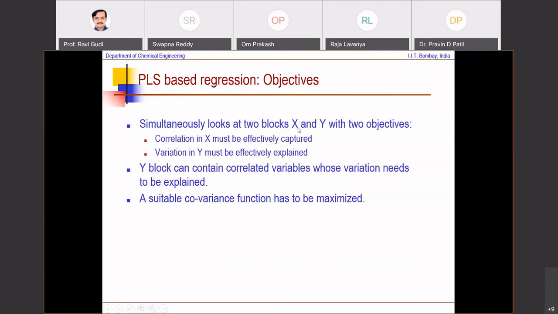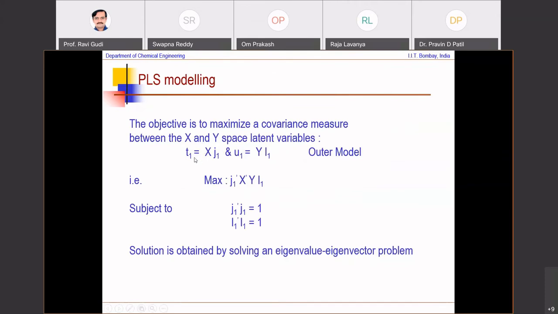PCA constructs the first principal component as a linear combination of the columns of X. For example, if I take T1 as X times P1, assuming I'm doing principal components analysis, T1 is X times P1. I construct a second score T2 as X times P2, T3 as X times P3.